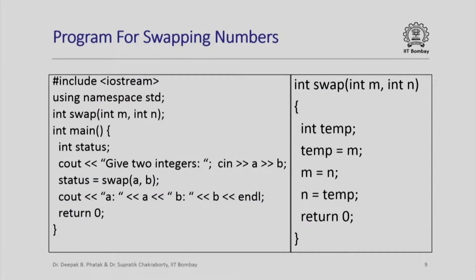Now let us look at how a program for swapping two numbers might look like, and here we are going to use the call by value paradigm. So here is the main function that reads in two integers and then calls this function swap, to which it passes the values of the two integers that it has read in. The function swap takes the values of the two integers and then uses a simple mechanism to swap their values.